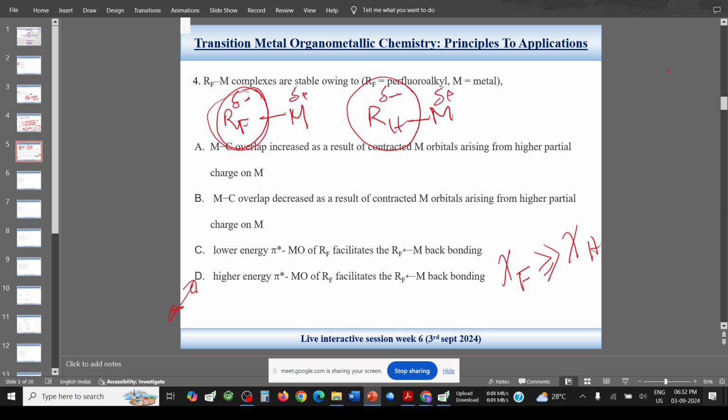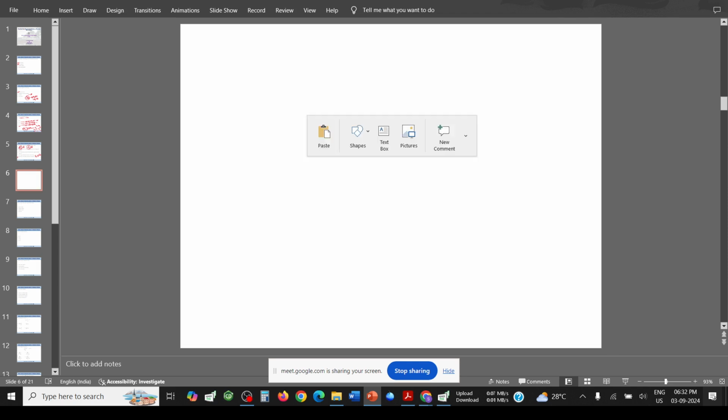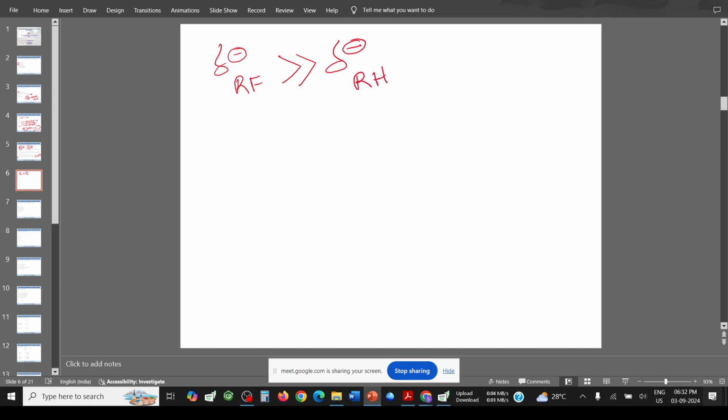So we can write the partial negative charge delta minus of R_F is very much greater than delta minus of R_H, and delta positive of M in perfluoro metal complexes is greater than delta positive of M in normal alkyl complexes.